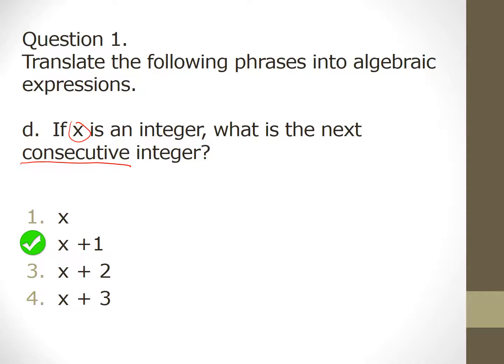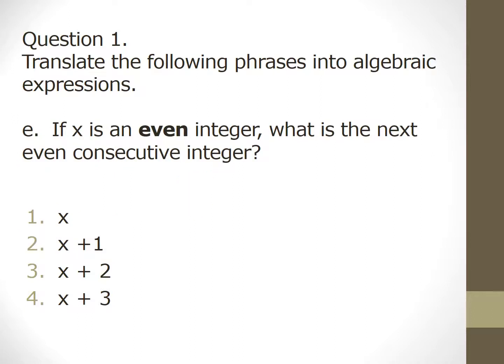So if we had an integer x, let's just say we had 6, what's the next consecutive integer? Well, after 6 would come 7. So if we knew x was our first integer, 6, how would we then go to the next consecutive? Well, the next one would be 1 larger. So that's why we would write it as x plus 1.